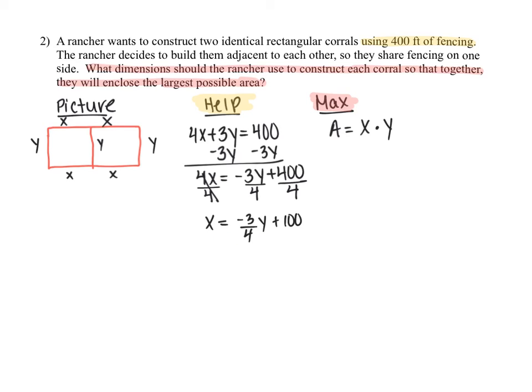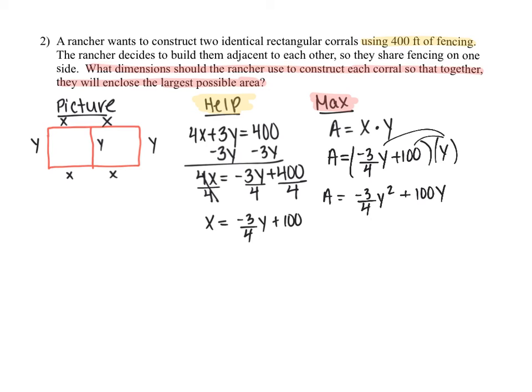And now this x has to go into that x because it's the helper equation. So area equals negative 3/4 y plus 100 times y. And then let's distribute a little bit in. So negative 3/4 y squared plus 100y.